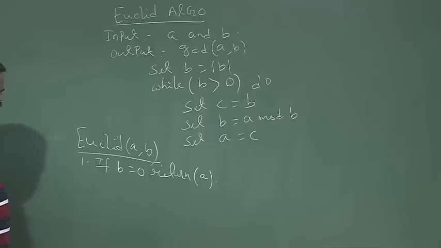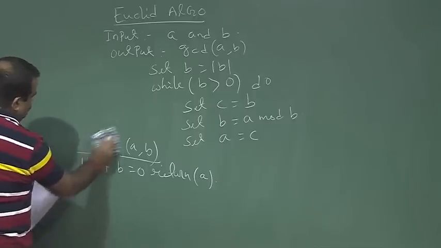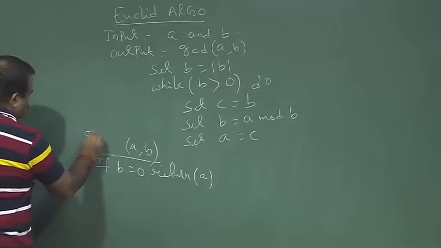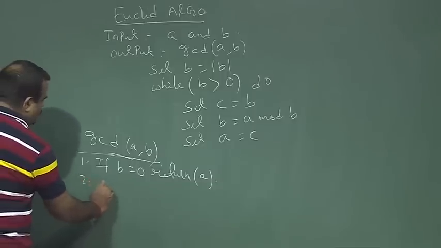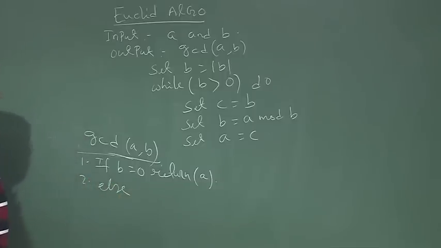Basically, the GCD of a, b is what we are going to find out. Instead of Euclid, we can just write that as GCD, the name of the algorithm, but the algorithm is Euclid. Okay. Else, if b is greater than 0, what do we do?